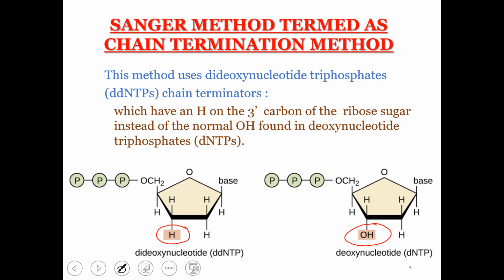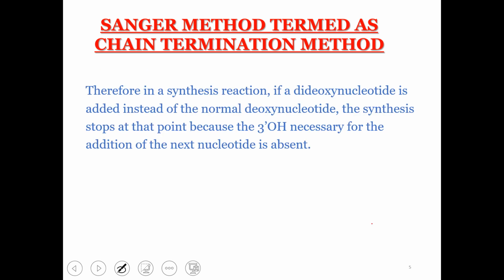So what actually happens is that in place of a dNTP, a ddNTP can bind in the DNA. If the ddNTP binds in a synthesis reaction of the DNA, then the synthesis of DNA will stop. And this is the basis of the chain termination method through which we can determine the gene sequence.